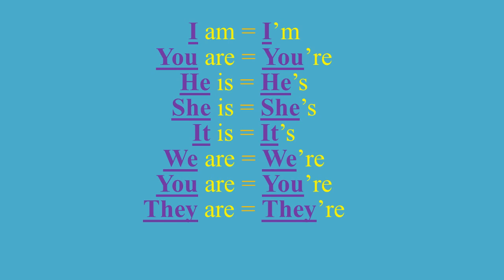And we may also contract am, is, and are by changing the first vowel into an apostrophe, and by adding this apostrophe and other letters after this apostrophe to the pronoun, as in, for example, you're or he's or they're.